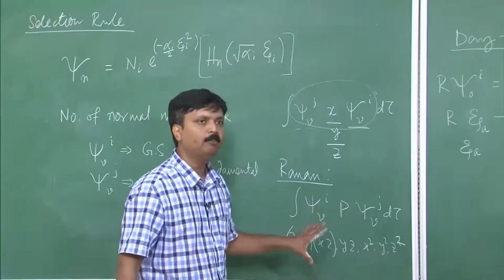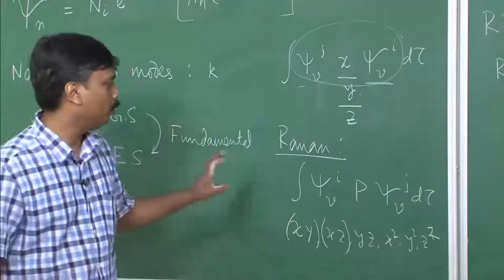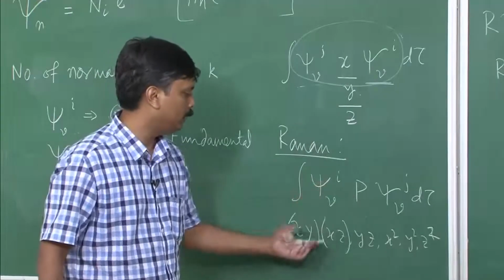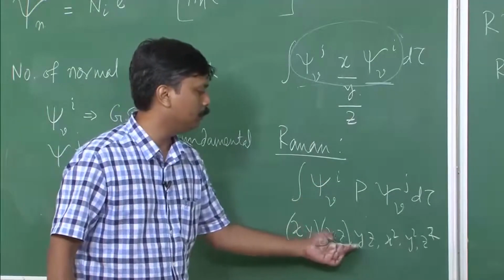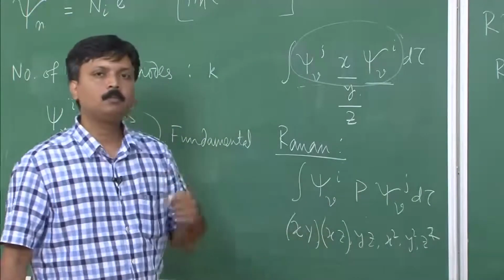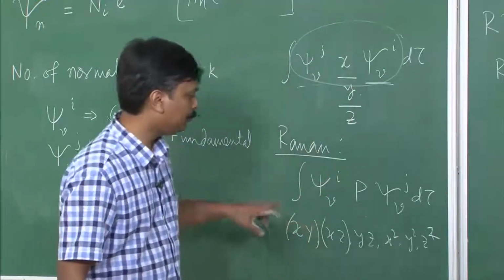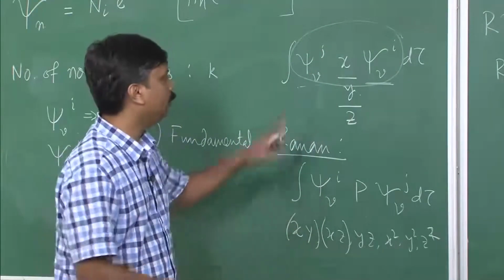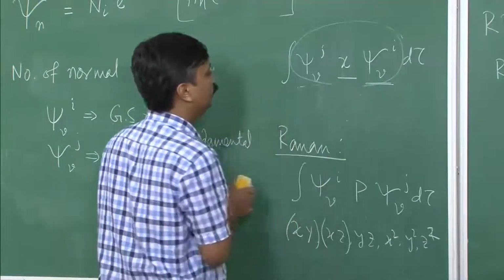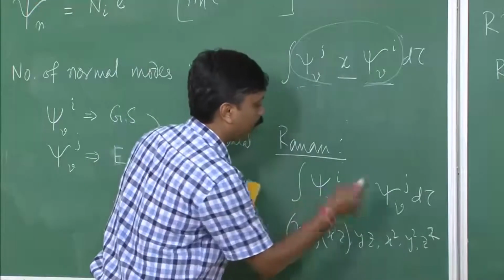So I can have the transition moment integral for Raman vibrational transition by taking these functions xy, xz, and so on. Now, the rest of the things will follow as such. Instead of this particular operator, I can have an integral which looks like, say, xy.